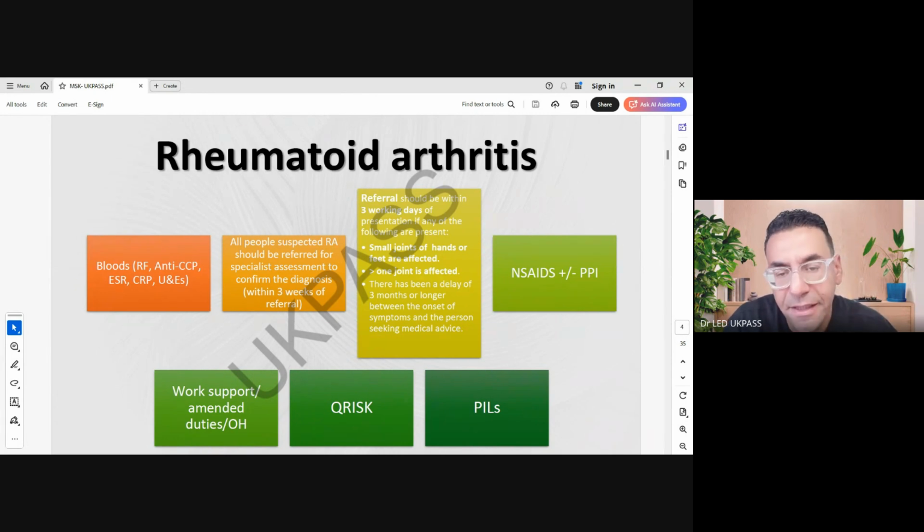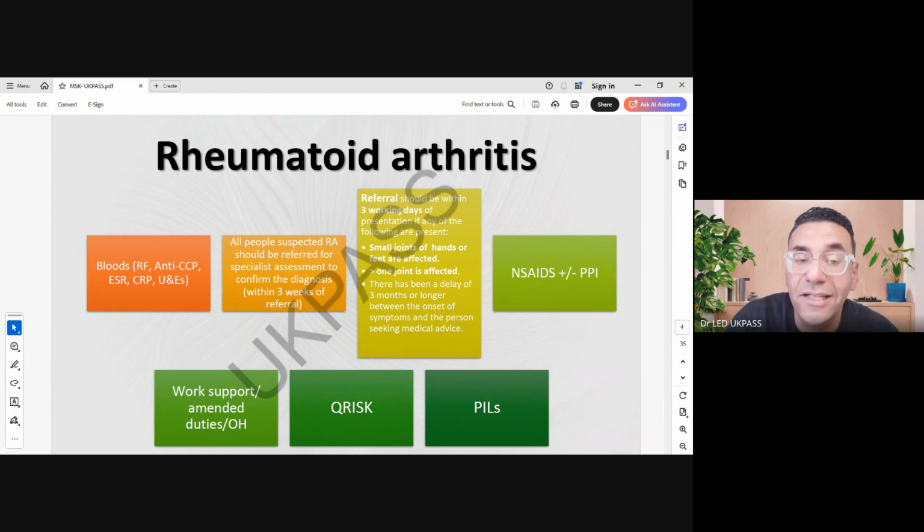You will be referring rheumatoid arthritis to the specialist. Okay, and we are going to talk about why you're going to do this. Doing blood tests, should it delay your referral or not?